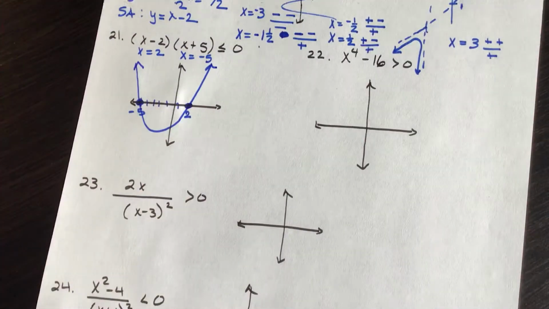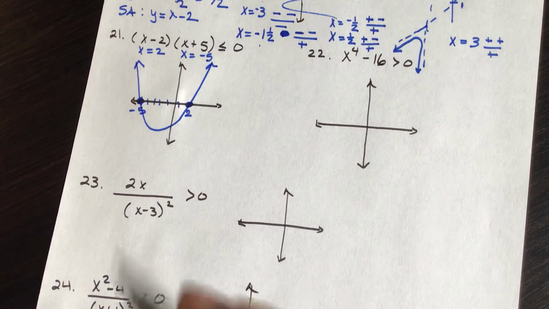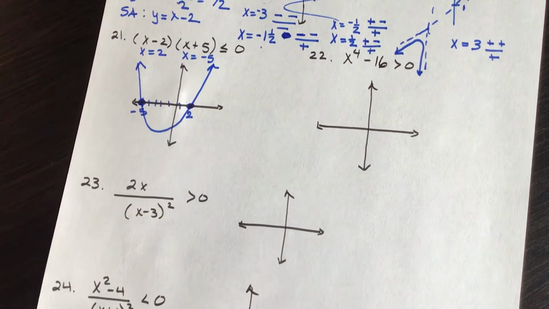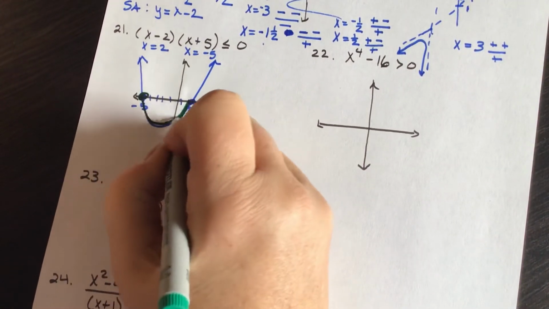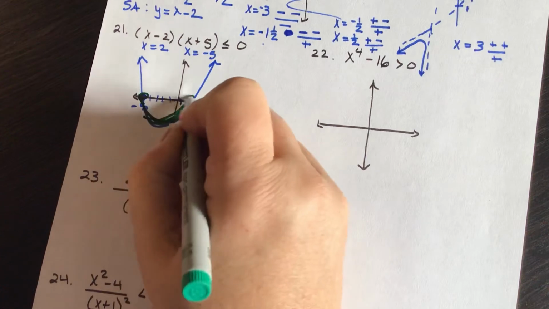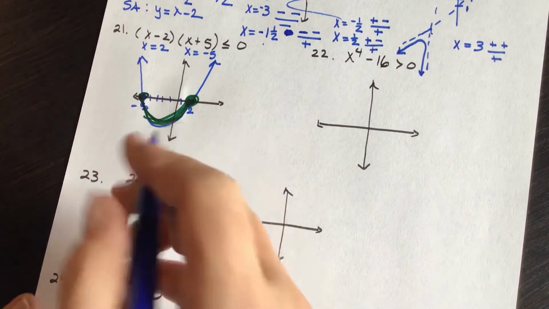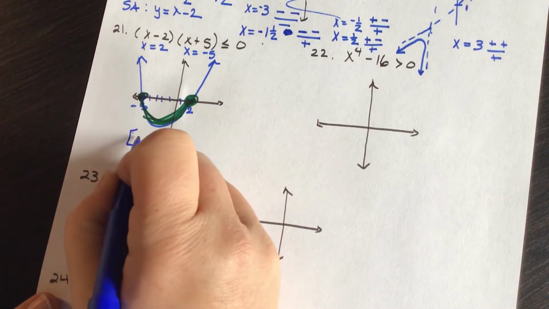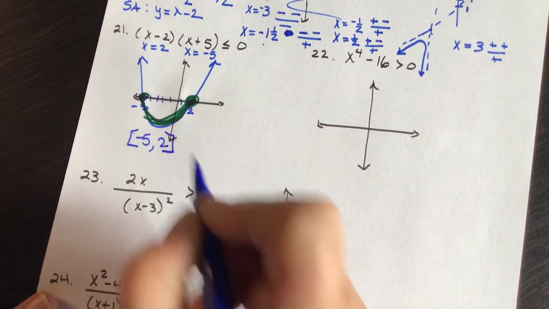And I'm looking for values that are less than or equal to 0. So it's actually including the zeros, this section right here. And my solution set for that would be including -5 and going up and including 2.